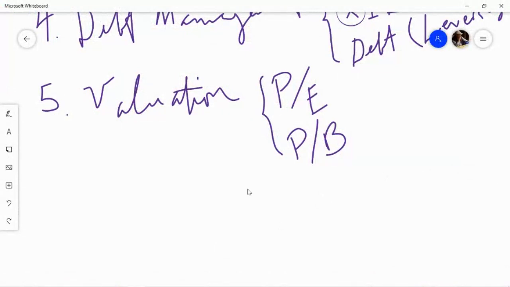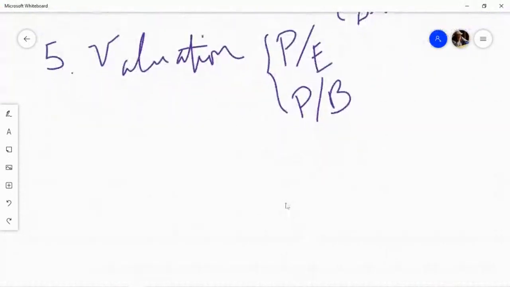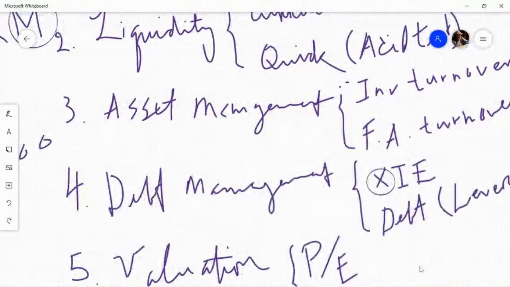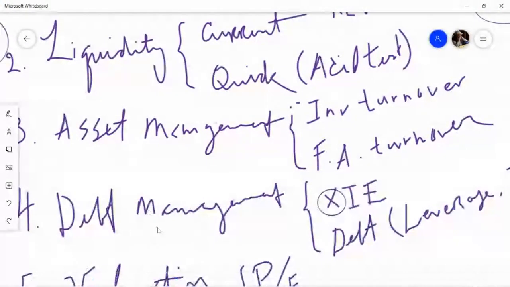So in liquidity ratios, liquidity means cash flow, right? Companies can default not because they are lacking long-term capital but because of short-term capital.